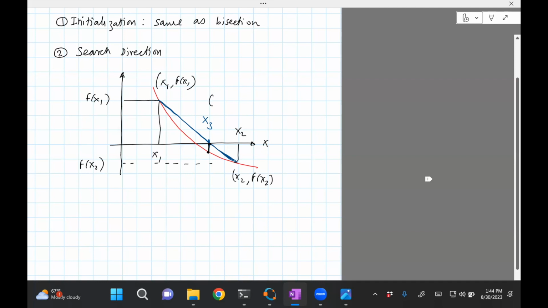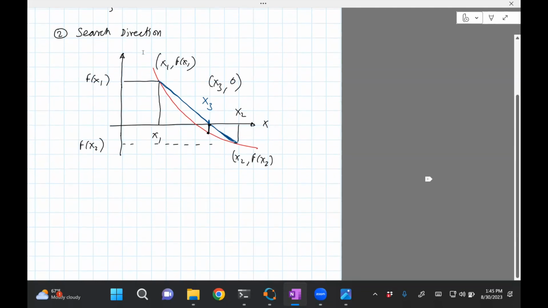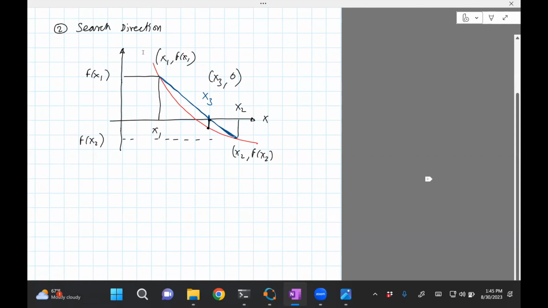And then we know that this point is x3, and the y coordinate is 0, right? Just by construction. So if you want to write the equation of a straight line, it would be, just take the ratio, right? f of x2 minus f of x1 divided by x2 minus x1 equals f of x1. I'm going to take x1 and this x3 here, x1 minus x3.